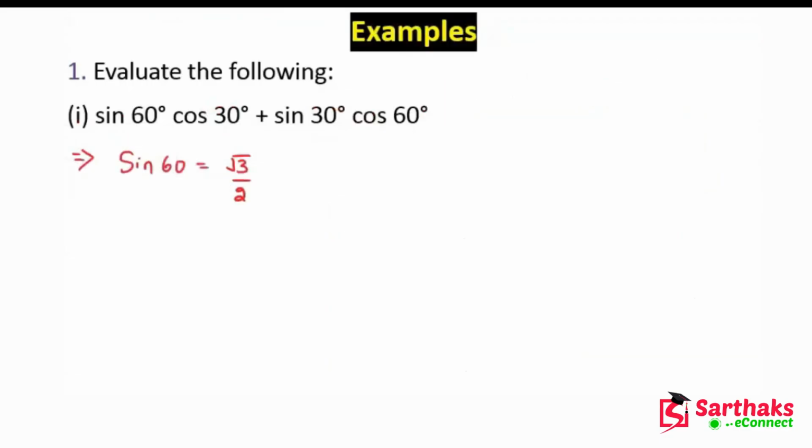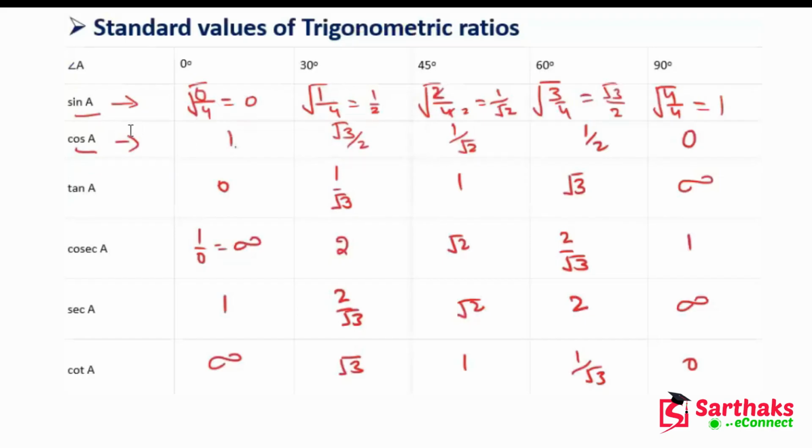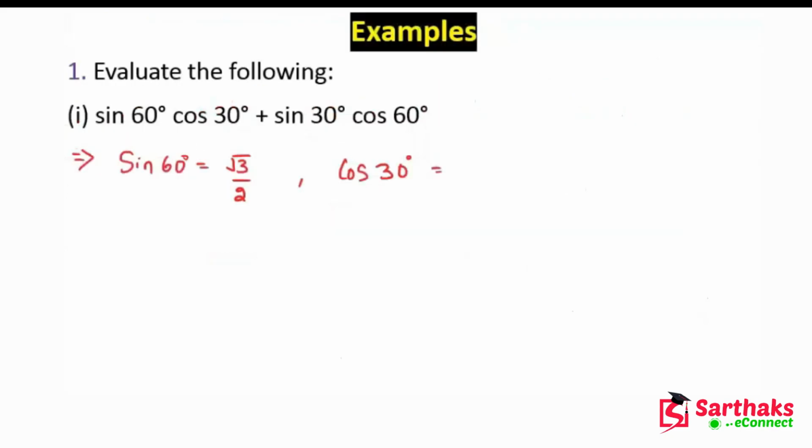Now sin 30 degree is 1 upon 2, and cos 60 degree is again 1 upon 2.